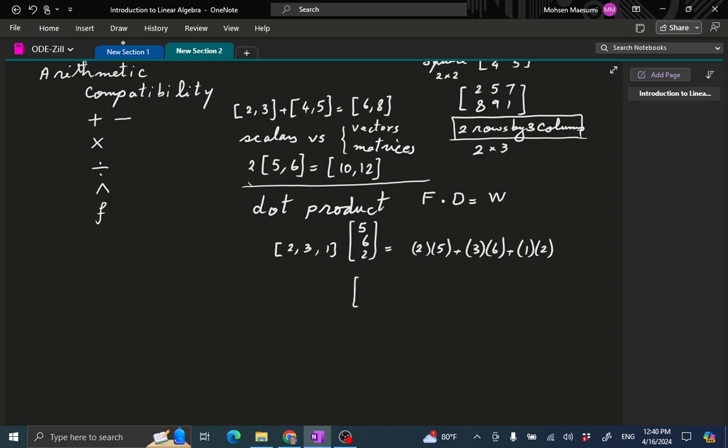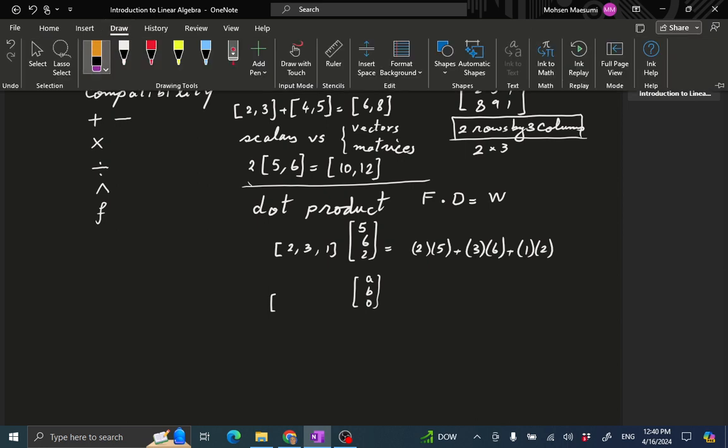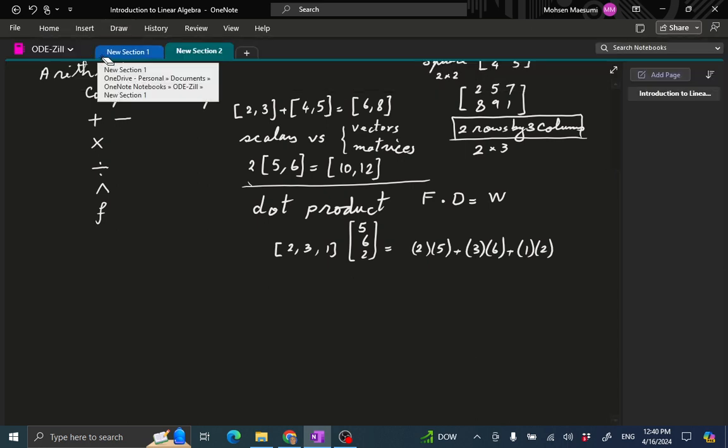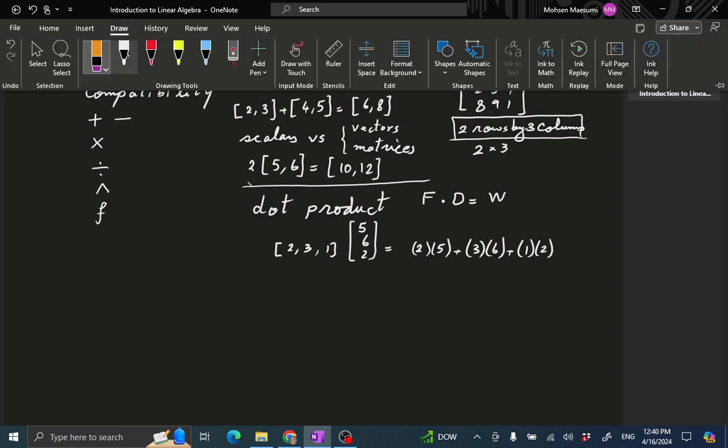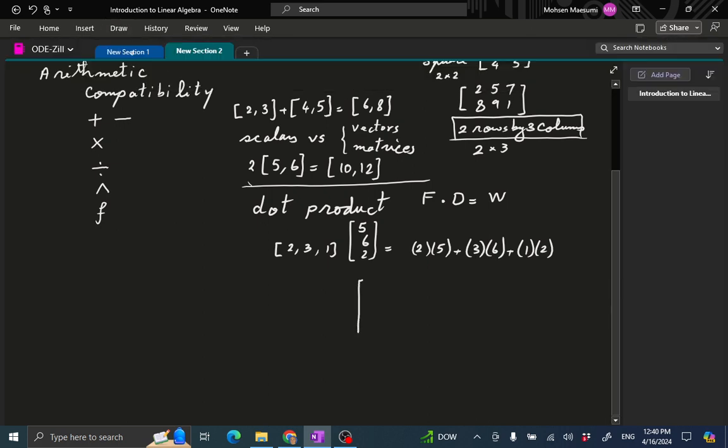So if we have apples, bananas, and oranges, let me rewrite this so it's a little bit bigger. So we can have one of these vectors for the prices, and the other one is your shopping list.